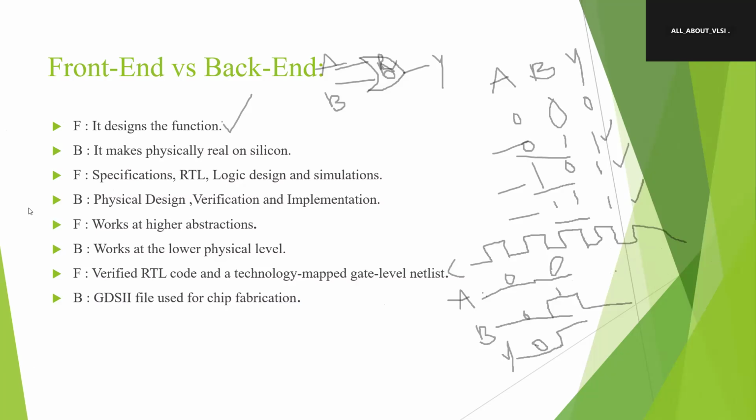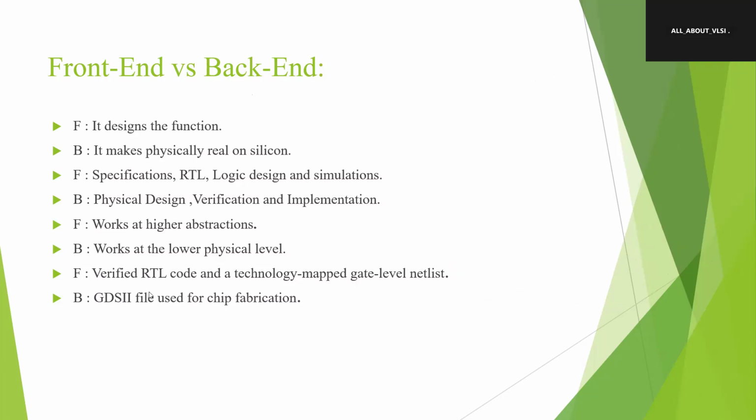Deleting all these things. So in front end, we are designing the functionality by using RTL coding and all, by using hardware description languages. We are writing the logic for that OR gate.